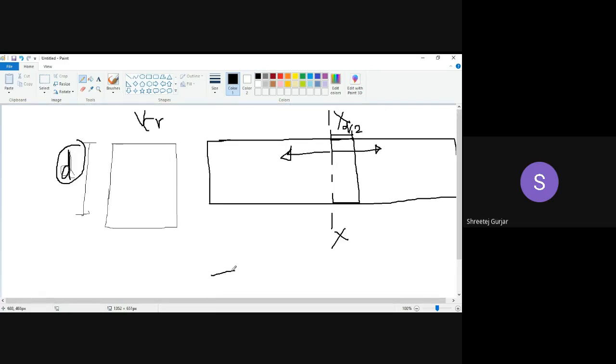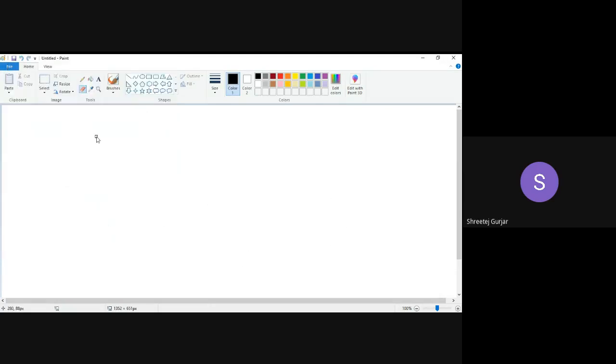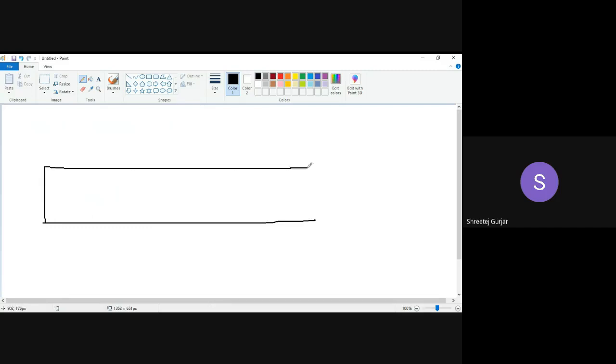Suppose you have a UDL, and the increasing moment will be in which direction? Now this is your beam. You have considered this cross section as the plane of interest.